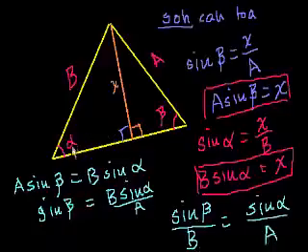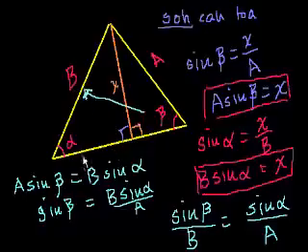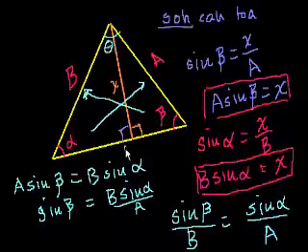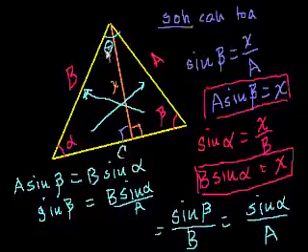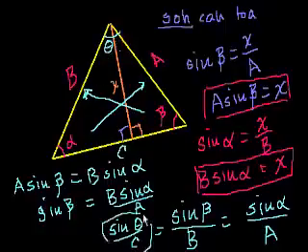The ratio between the sine of beta and the side that it corresponds to, this B, is equal to the ratio of the sine of alpha and its opposite side. And a lot of times in the books, if this angle was theta and this side was C, they would also write that this is equal to the sine of theta over C.